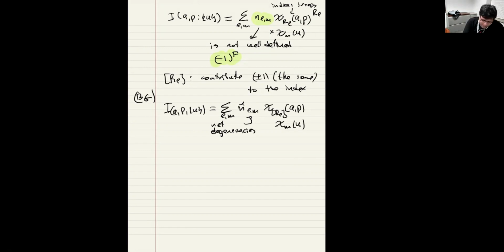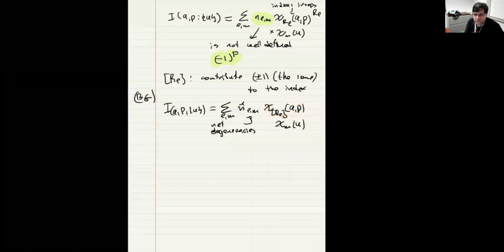And now the very important thing that Beem and Gadde did is they looked at low orders in the expansion of the index in these fugacities Q and P. And they realized that if you look at these low orders, these net degeneracies, sorry, these equivalence classes of representations have a very interesting form.